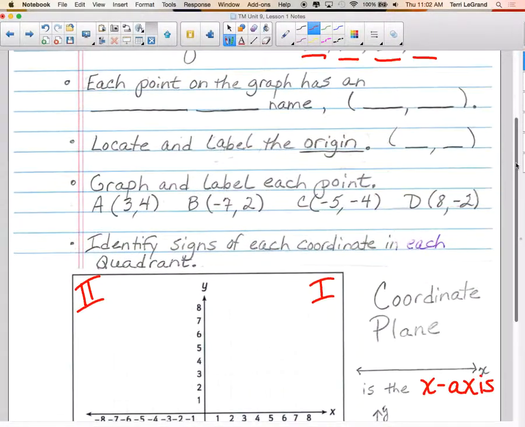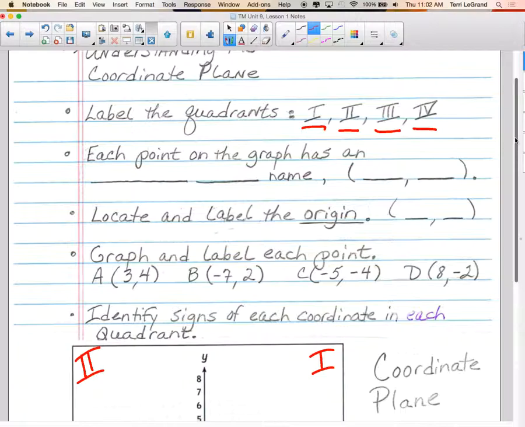We've done that. Now let's go up here and see what the next thing we're supposed to do. Each point on the graph has what's that called, that name we call the points on the graph? Anybody know? It's a 2-part name. Because order matters in them, and because there's two coordinates in them, they're called ordered pairs.